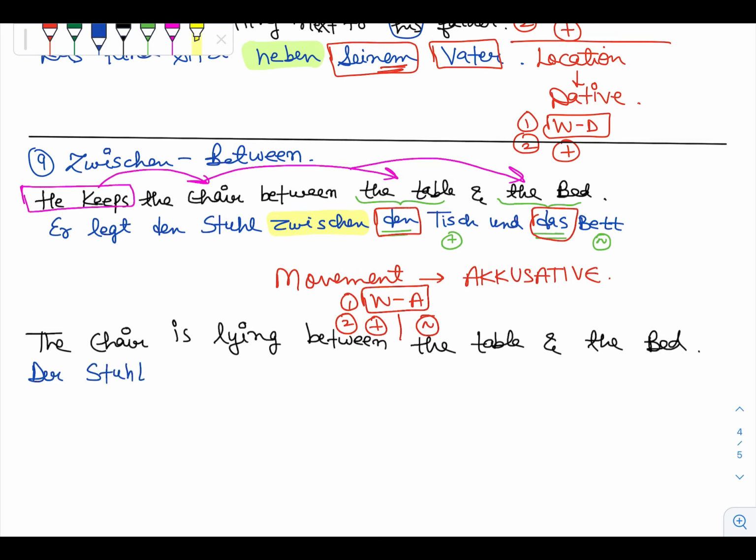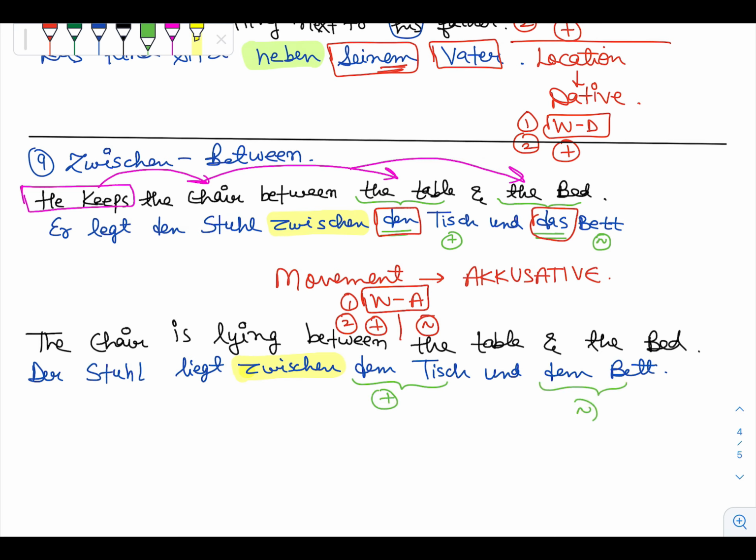Der Stuhl liegt zwischen dem Tisch und dem Bett. Again, I use the preposition Wechsel. There are two objects, this one and this one, masculine and neutral.